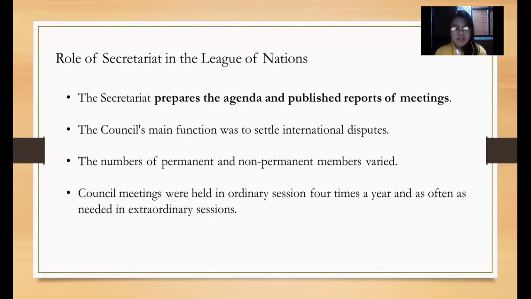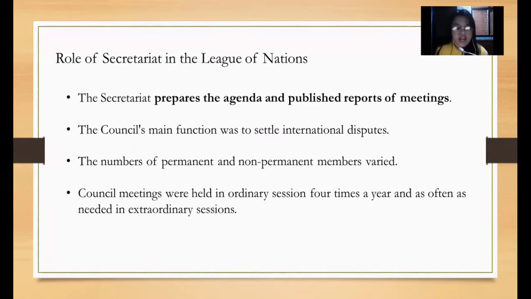UN staff members are recruited internationally and locally. So ito pong secretariat, ang mga staff po nito is nare-recruit all over the world. So kahit saan man pong panig ng mundo is pwede po silang ma-recruit to work in the United Nations.